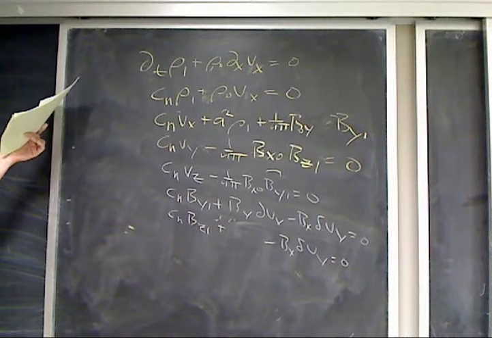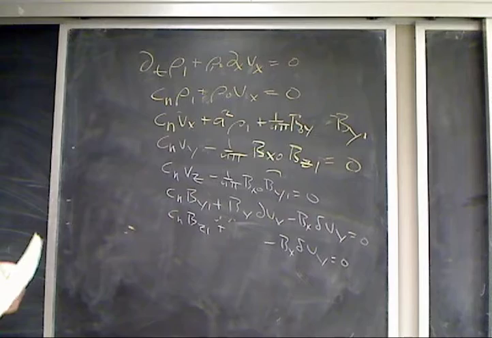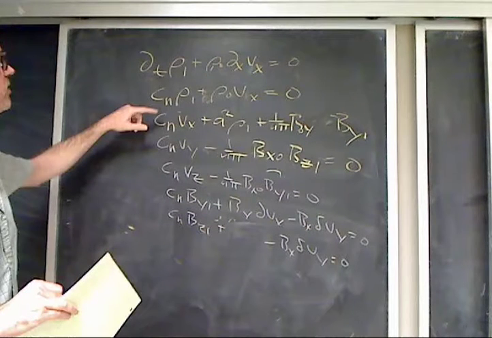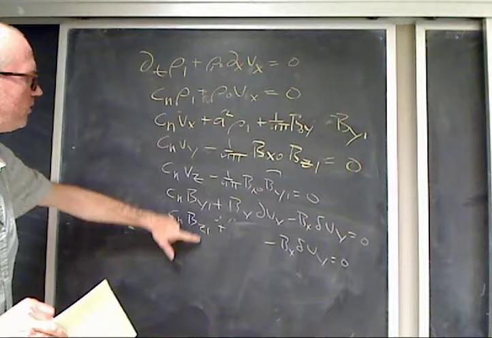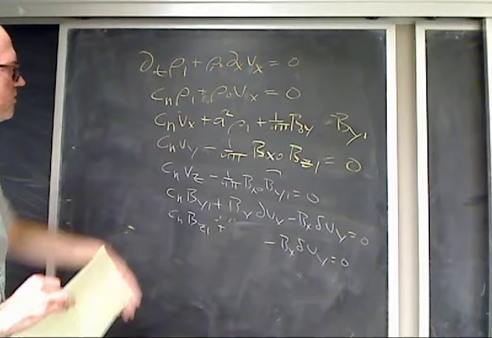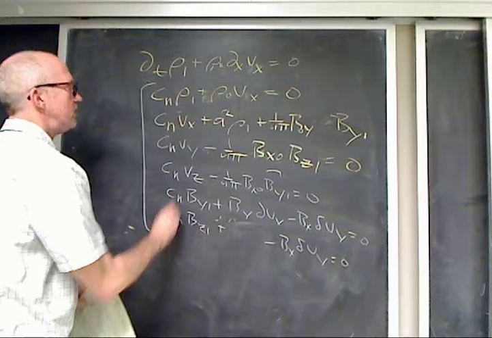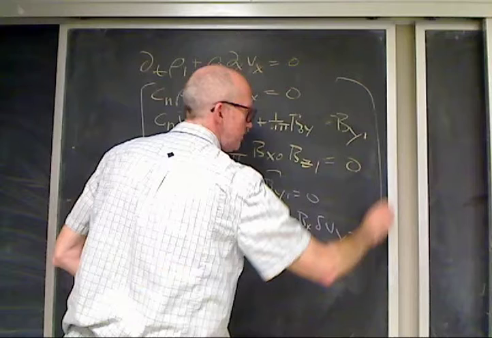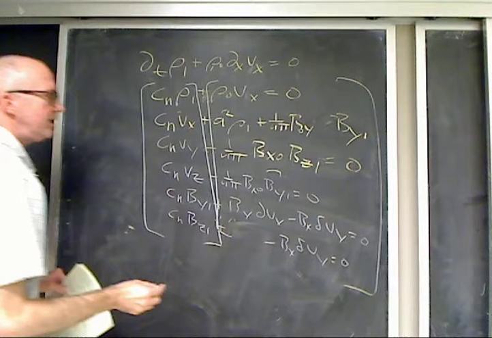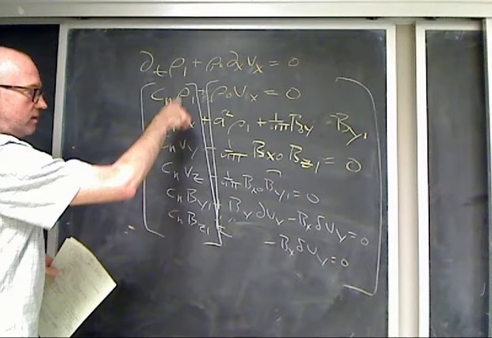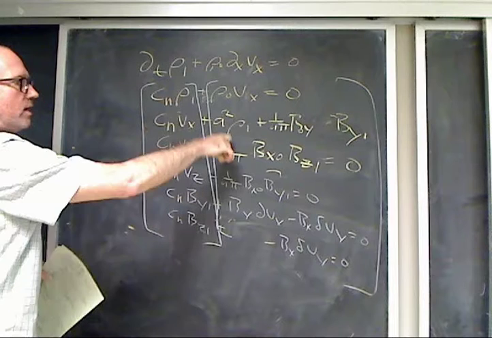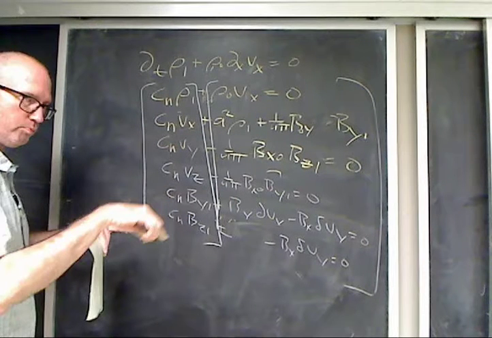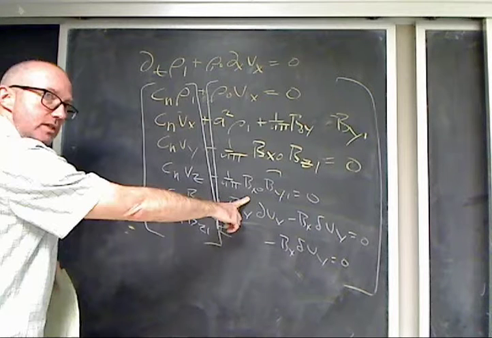What did I do? All I did was take my linearized equations and rewrite them a little bit so that I've got some wave speed times my vector of unknowns. So this is now Cn times Q, and then this mess of stuff here is some matrix times Q again. You can sort out what the matrix looks like by just drawing a matrix and putting the things in the right spot so that the matrix gives you this.